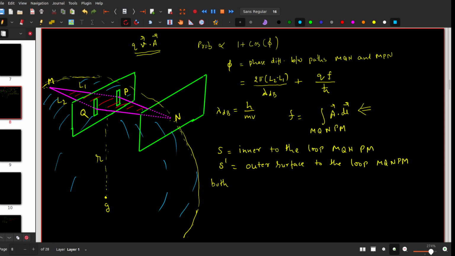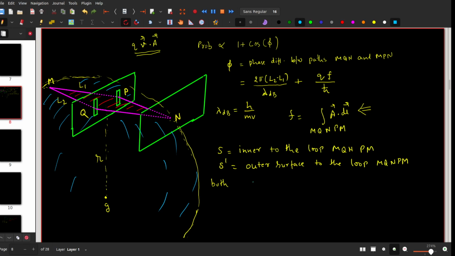So these are the two surfaces, and both of these surfaces have this loop as their boundary. For the inner surface, the orientation will be outward perpendicular to the sphere, and for the outer surface S prime, its orientation will be perpendicular inwards to the sphere.